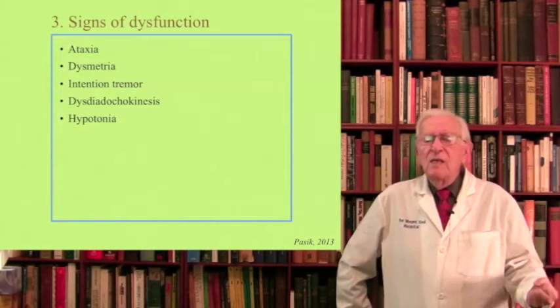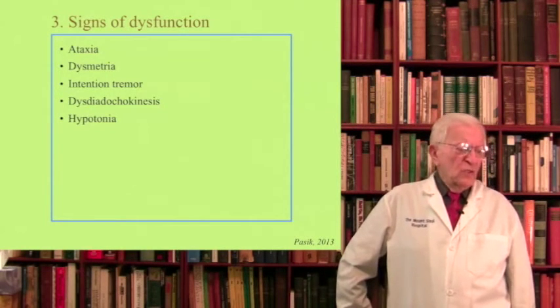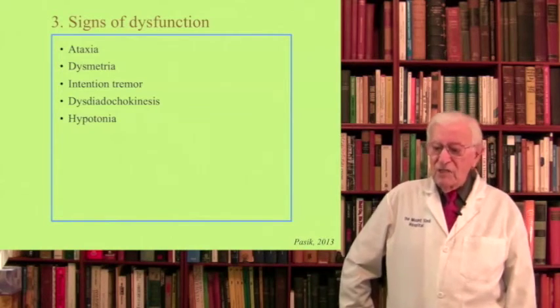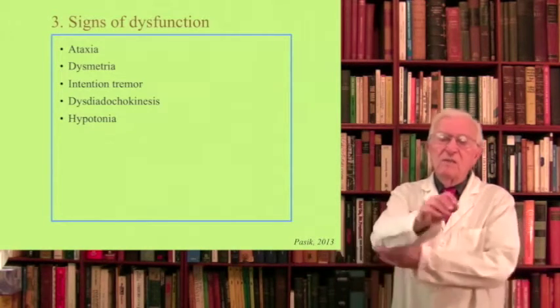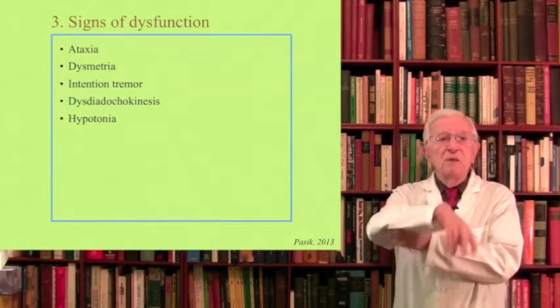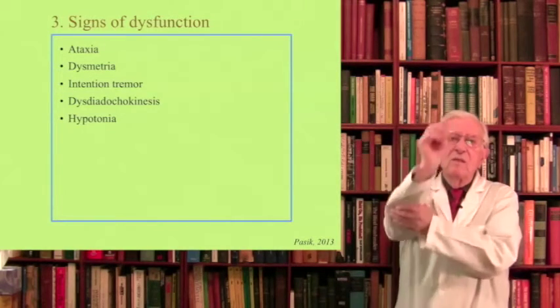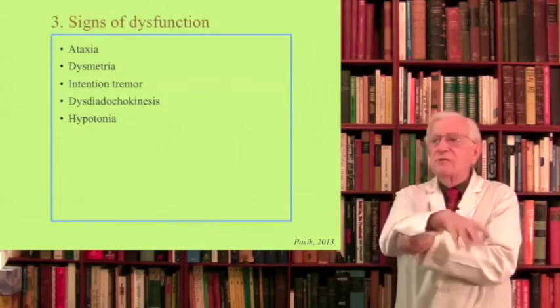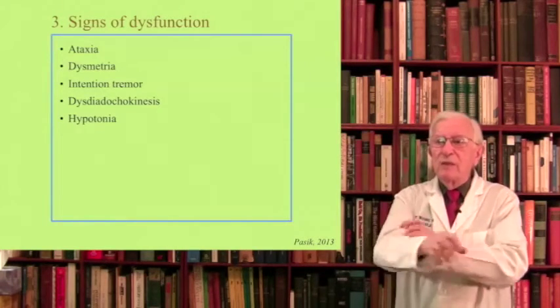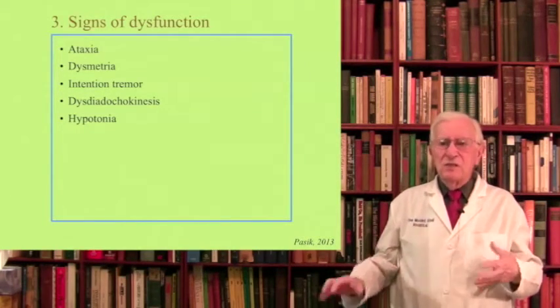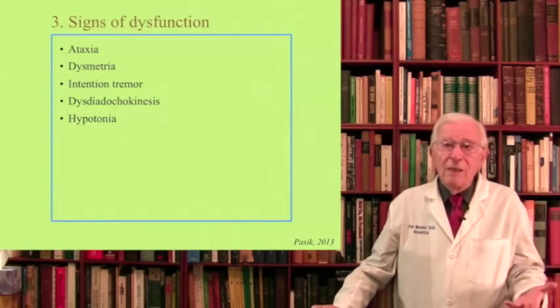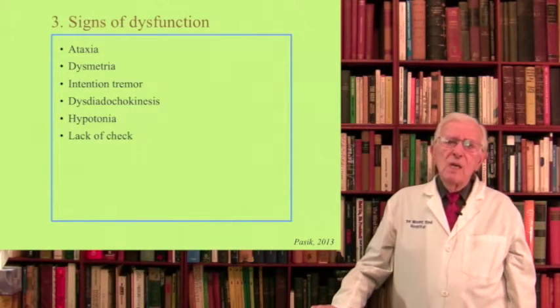All the muscles are increased in muscle tone. In cerebellum, there is hypotonia. That means that the tone of the muscle is so decreased that you can move it around, and it moves like a pendulum without really any kind of resistance, which is characteristic of the normal tone of the muscle.